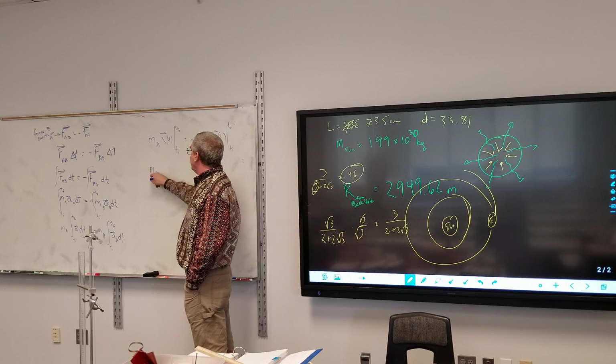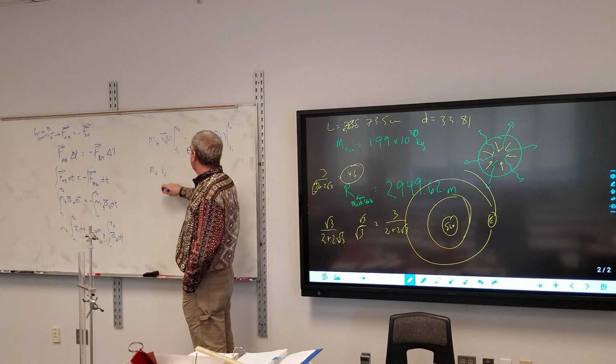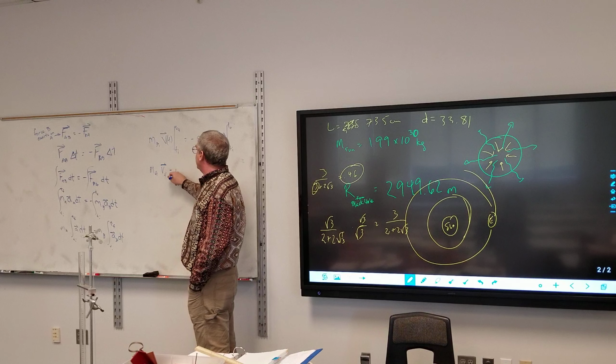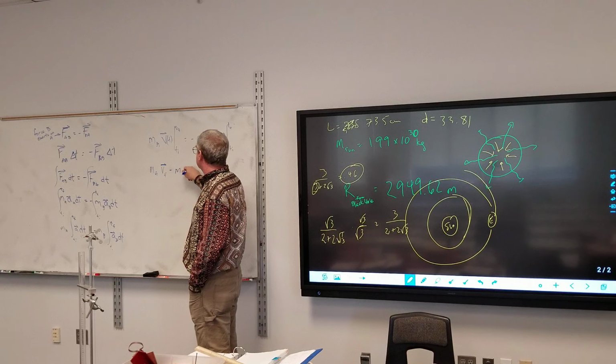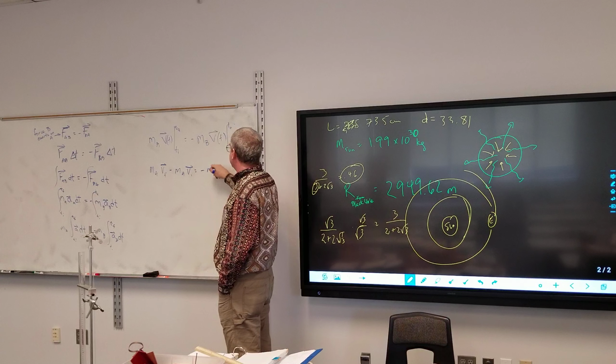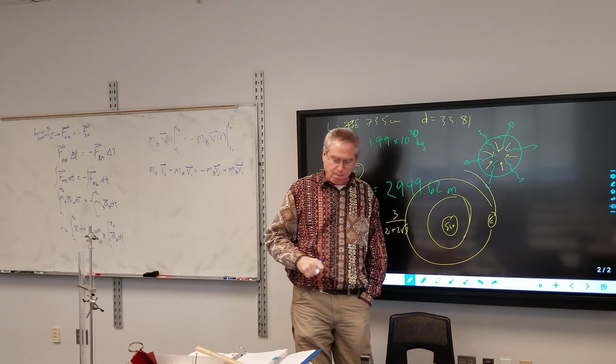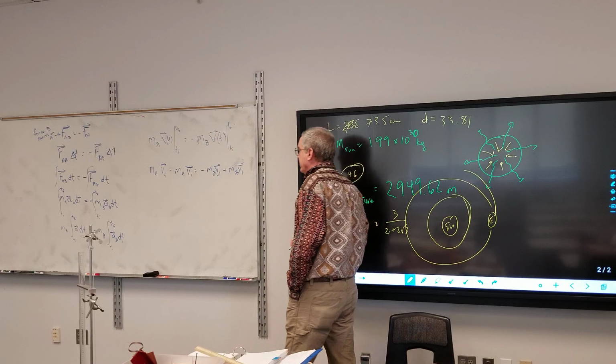So we end up with M_A V_A final minus M_A V_A initial is negative M_B V_B final plus M_B V_B initial. And now let's get the finals and the initials together.